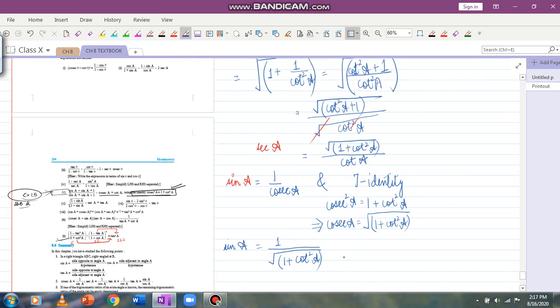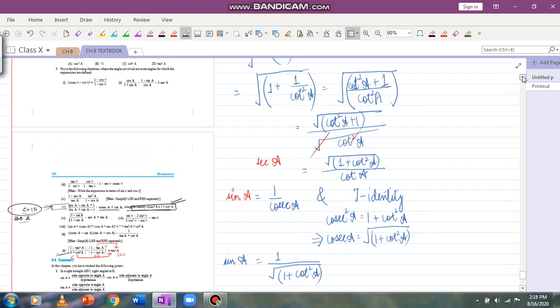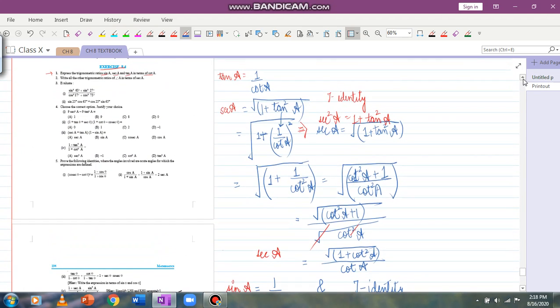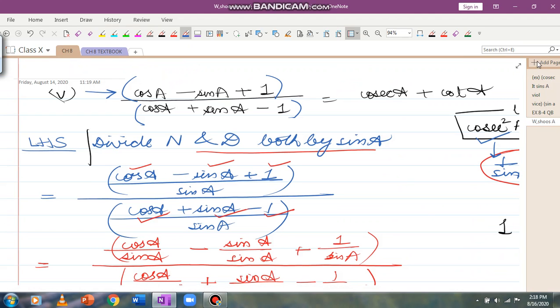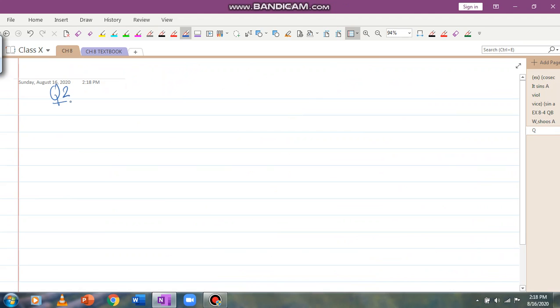Similar to this, we have question number 2 of this exercise, where you want to write down the ratios in terms of secant A. Write all other trigonometric ratios in terms of secant A. There are 6 trigonometric ratios, and we will be writing the remaining 5 with relation to secant A. So I'll just write down for myself.